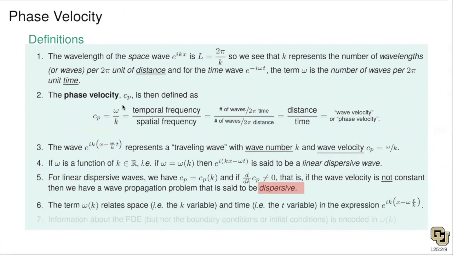And now this omega term, the temporal frequency, acts as a link between space and time. When you look at this term here, think of omega as relating t over k. Think about if omega is 1, how does that change?